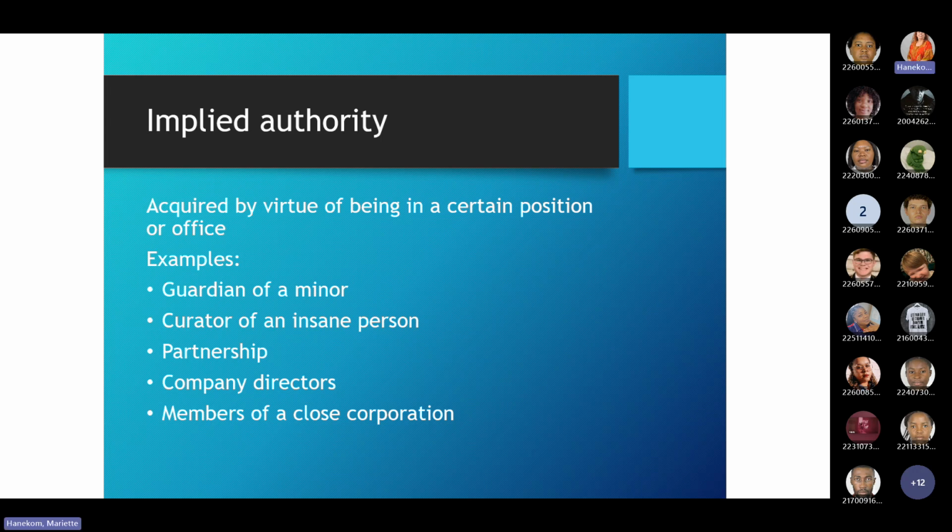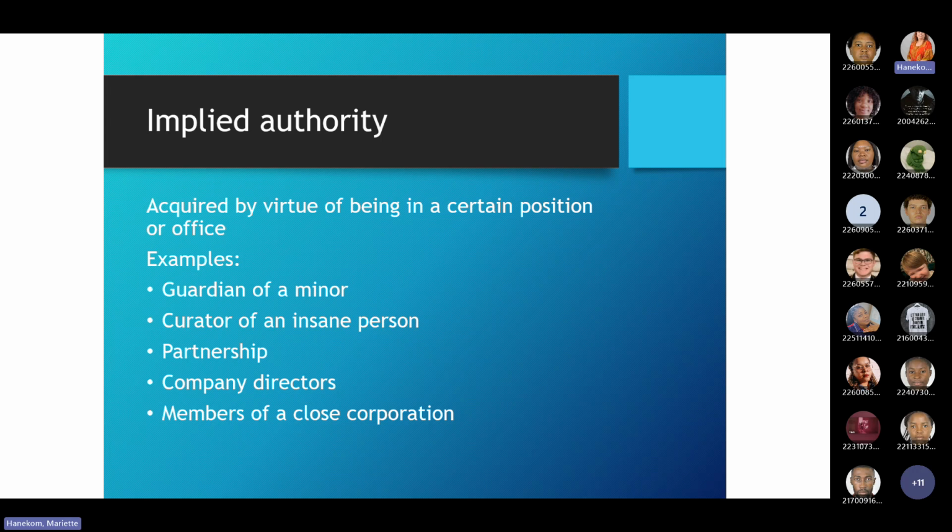Examples: the guardian of a minor child has implied authority to contract on behalf of that child. Somebody that was appointed as the curator of an insane person has implied authority to represent that person.